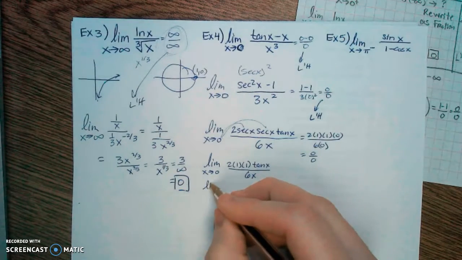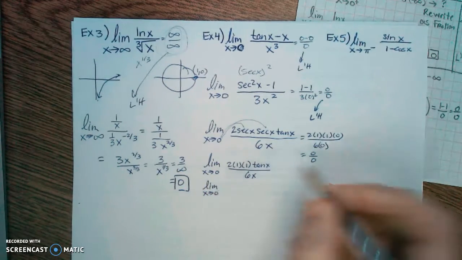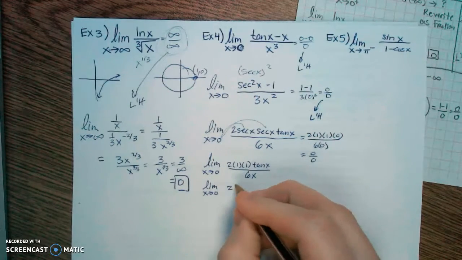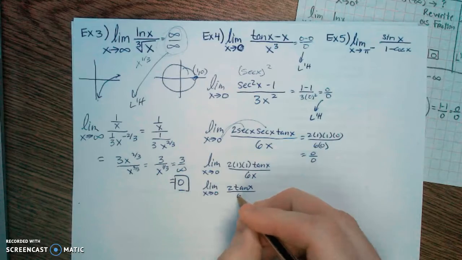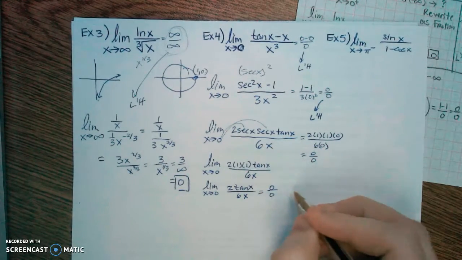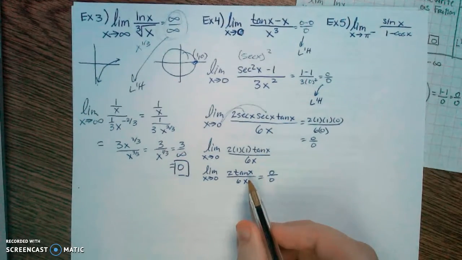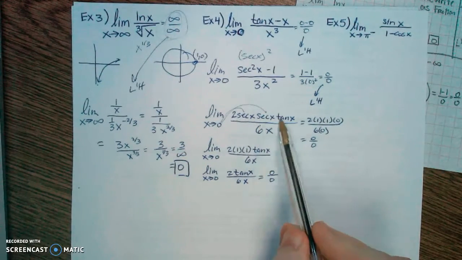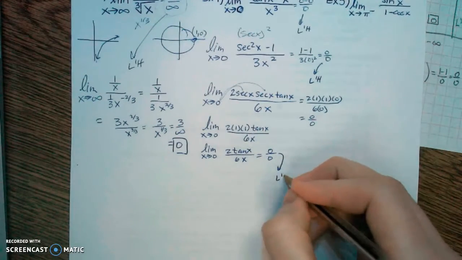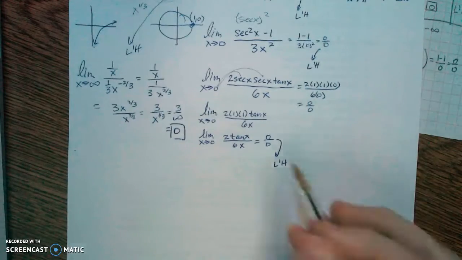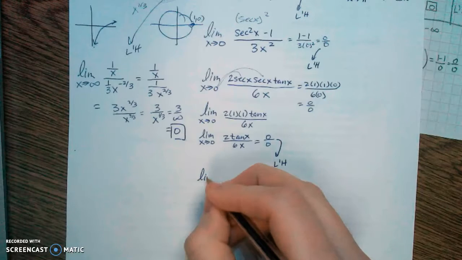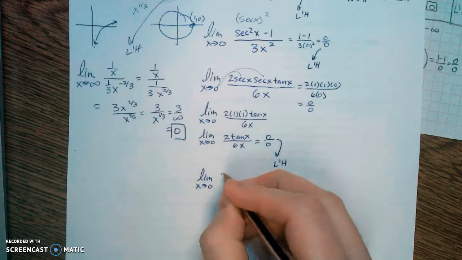So the limit approaching 0 of this is the same as saying 2 tangent x over 6x. Now I'm still getting 0 over 0, which means L'Hopital, but now it's a lot easier to do L'Hopital with that instead of this triple product that we have up here. So now we're going to use L'Hopital because we have indeterminate forms, so we do the derivative of the two tangents, so the coefficient stays in front.